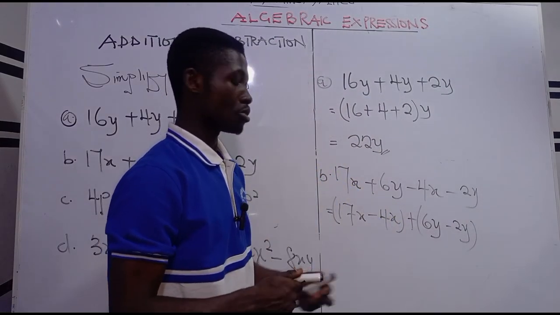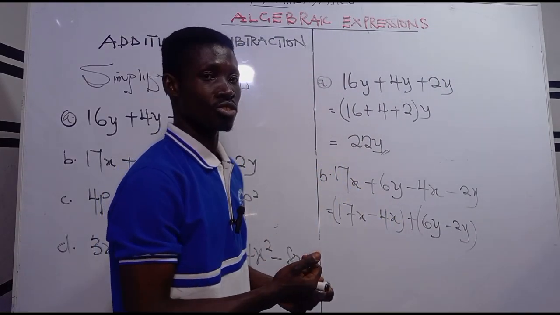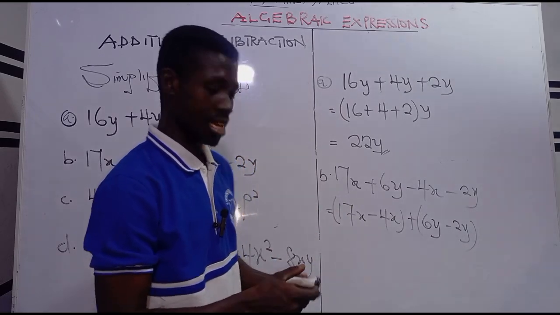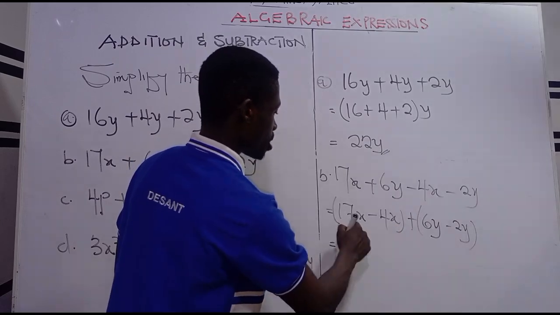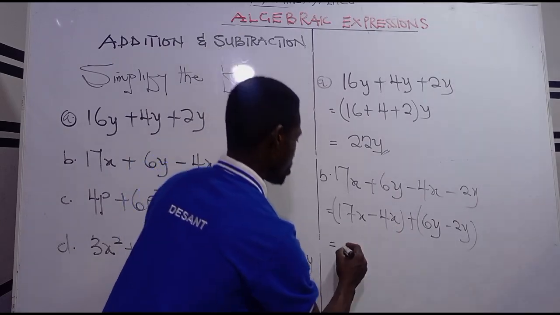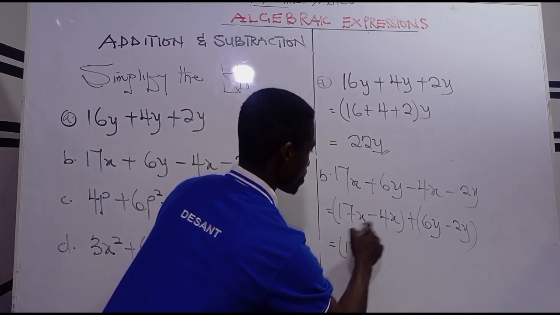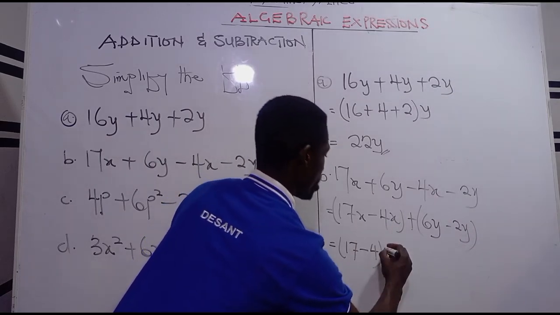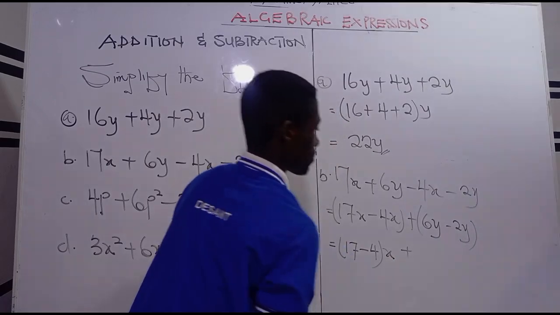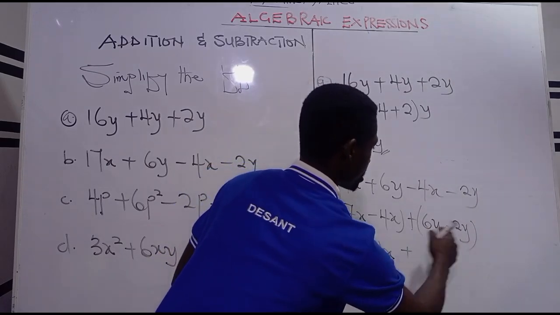Now after grouping them into like terms, what we are going to do is that we add and then subtract them together. So looking at this, since they are like terms, we are going to pick the coefficient of each of the terms. So we have 17 minus what? 4. We add one of the variables to it. Then looking at this, we are going to pick the coefficients.